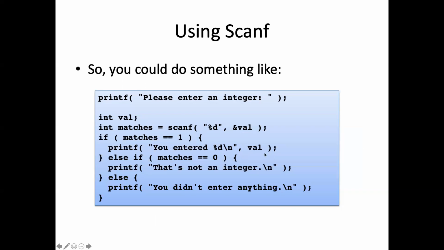If they type in garbage, scanf's going to return 0 because it can't match an integer. So I print out a message for that. If they don't type in anything at all, or if I hit end of file on standard input, and we said, well, if they type control D, it should signal the end of file condition. In that case, I'll print out this message. There wasn't any input to read. Questions?